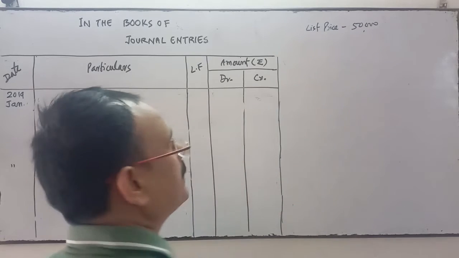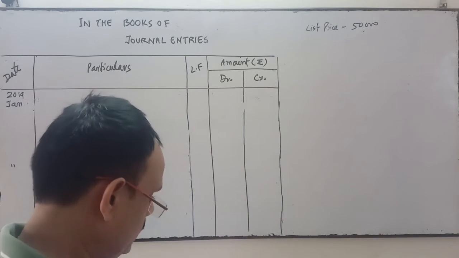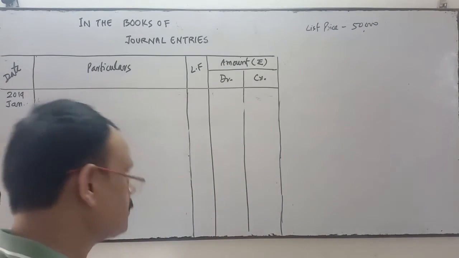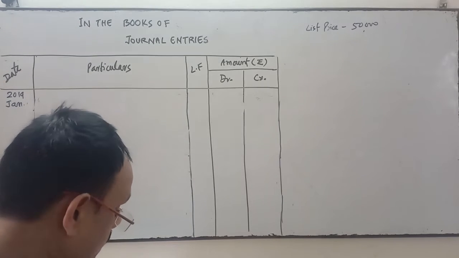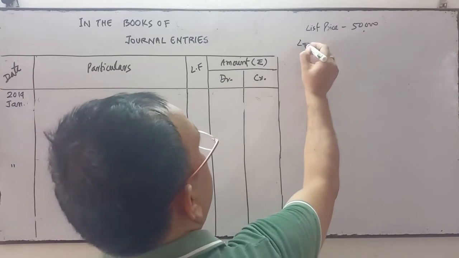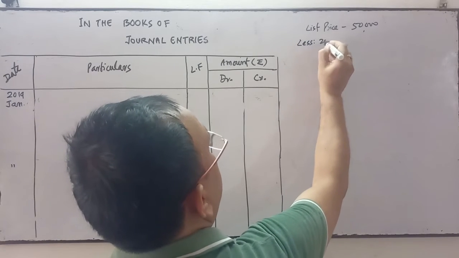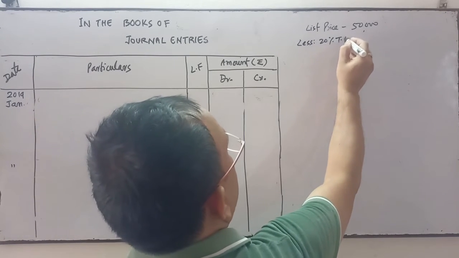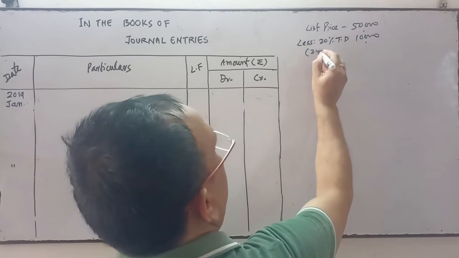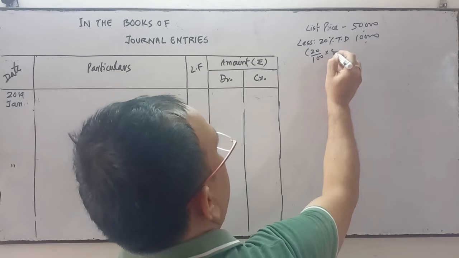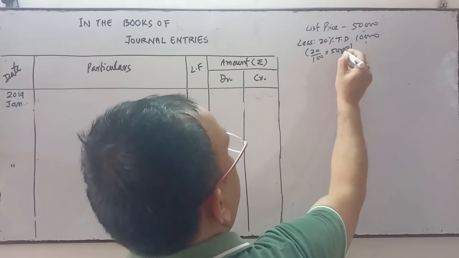List price means price mentioned on the product, the listed price. This is also called catalog price. Less 20% trade discount. So deduct the 20% trade discount. So 20% of 50,000 is how much? 10,000.